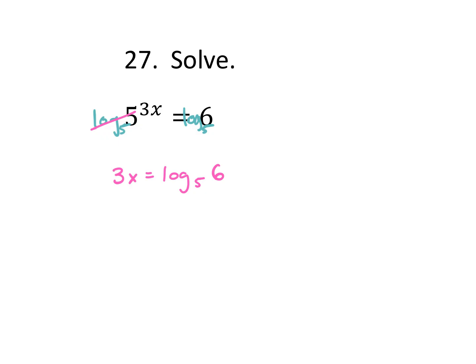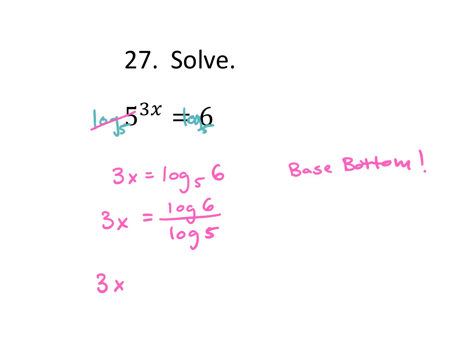Now to solve, we can put this in the calculator. So 3x equals, to put log base 5 of 6 in the calculator, you need your change of base formula. So log of 6 over log of 5. Remember that the base goes on the bottom when you're using the change of base.